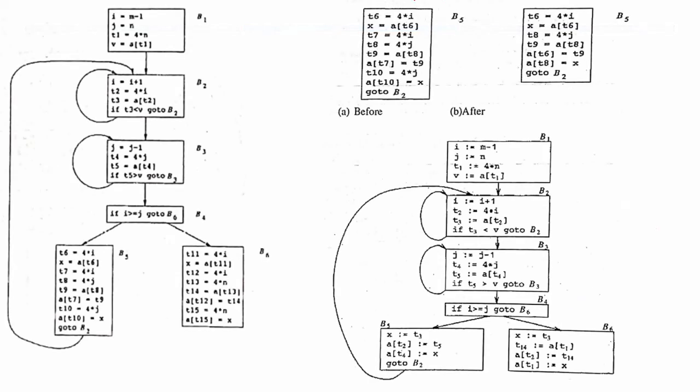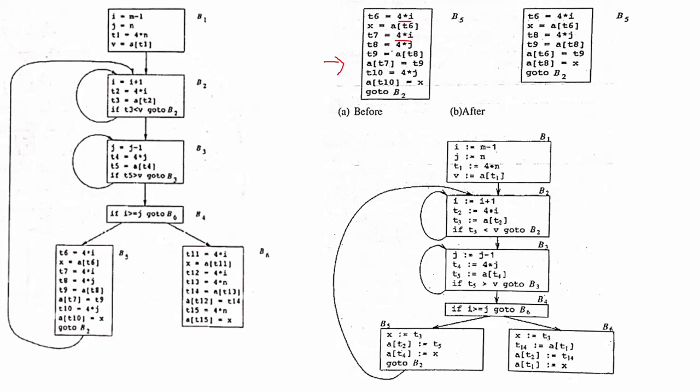This is a small example. This is a flow graph which we have taken here, and we have around 6 blocks present. When we take the last block here, B5, we can apply what we have seen before, that is the common sub-expression elimination. T6 is equal to 4 star I. Again we are performing 4 star I and storing that in T7, which is not needed.